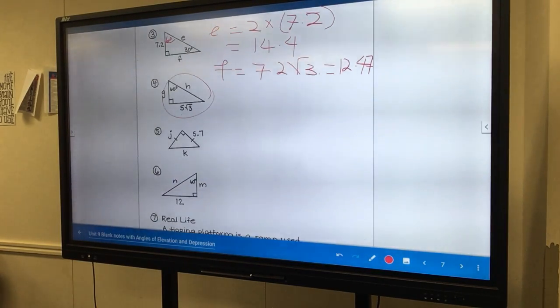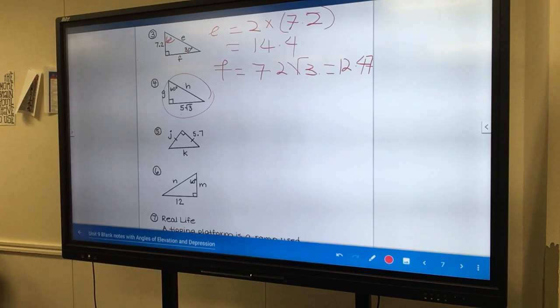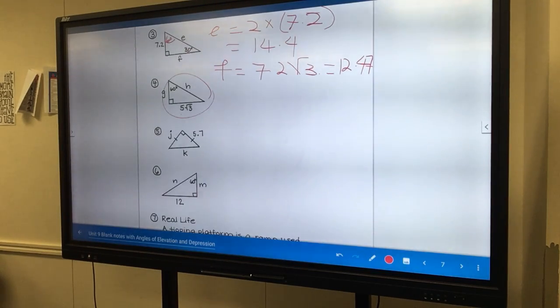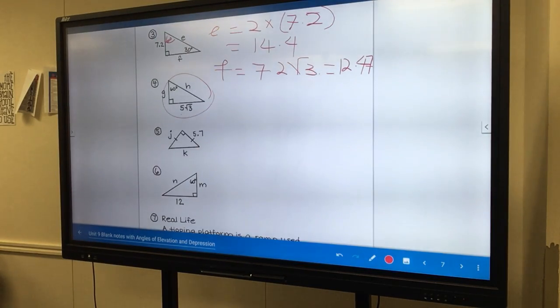Okay, so what is the relationship between the shorter side and the other side? We said it was the other side, which is the E one, is equal to root 3 times the shorter side. We can find it now. What is the shorter side?